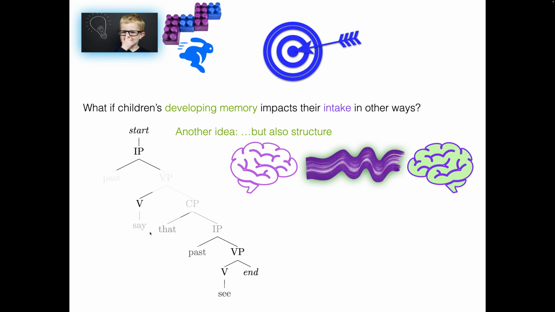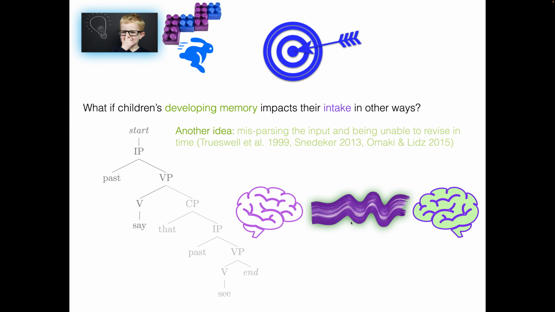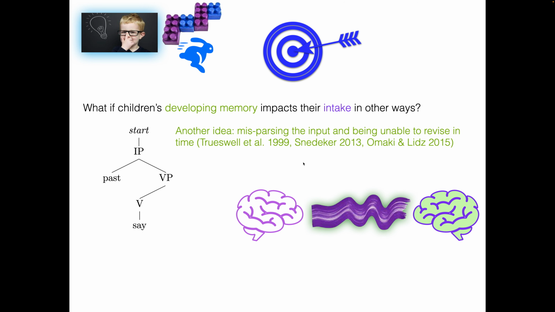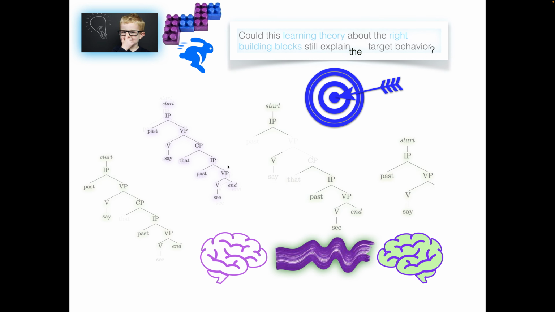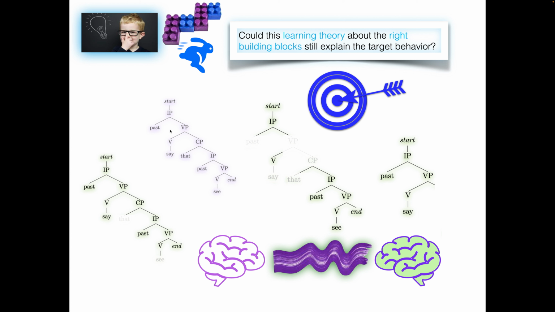And maybe also misparsing the input and being unable to revise that misparse in time, which is definitely something that happens. So something that should be, say, an embedded dependency getting misparsed as a main clause dependency. What happens if this is the idealized intake signal, but you have all of these imperfections due to children's developing abilities that affect what intake they actually get to learn from? Could this learning theory about the right building blocks still explain the target behavior even in the presence of this imperfect, immature intake, as it were?